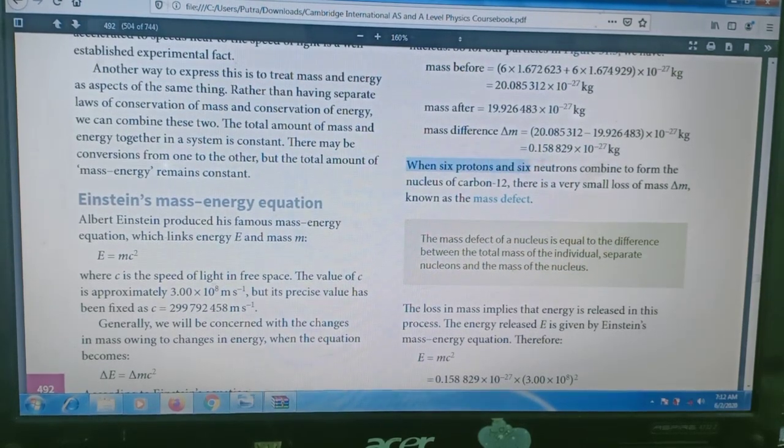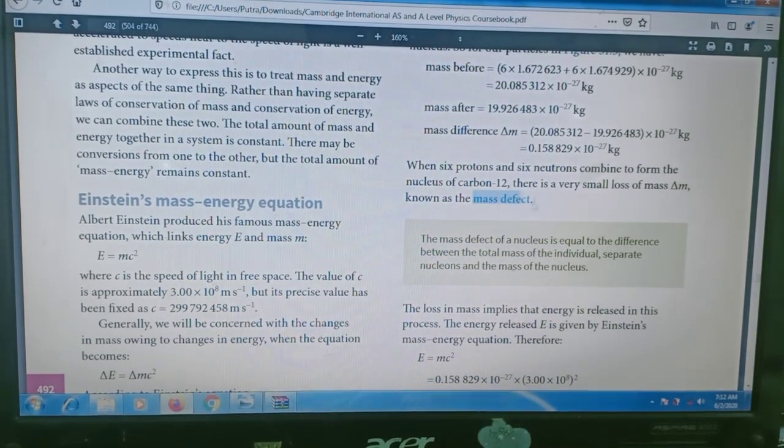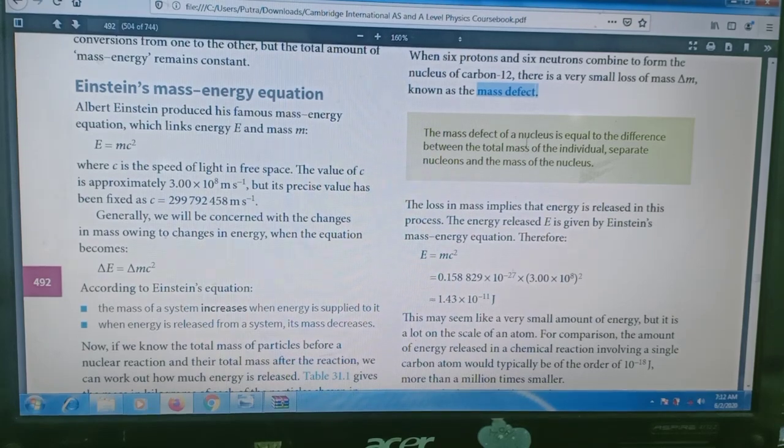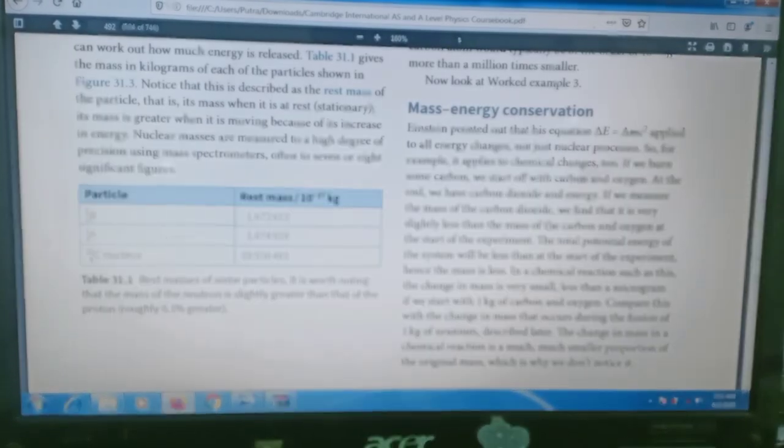When 6 protons and 6 neutrons combine to form the nucleus of carbon-12, there is a very small loss of mass known as mass defect. The mass defect of a nucleus is equal to the difference between the total mass of the individual separate nucleons and the mass of the nucleus, which we can calculate using this formula.